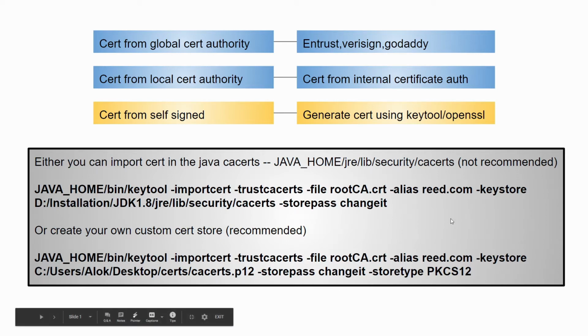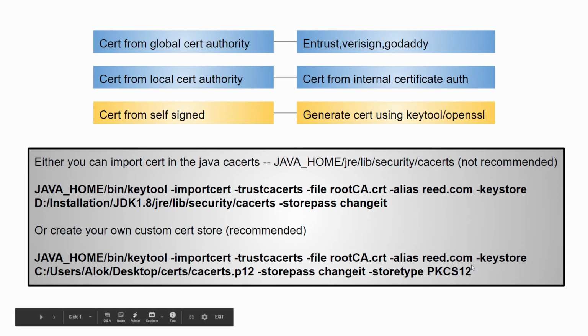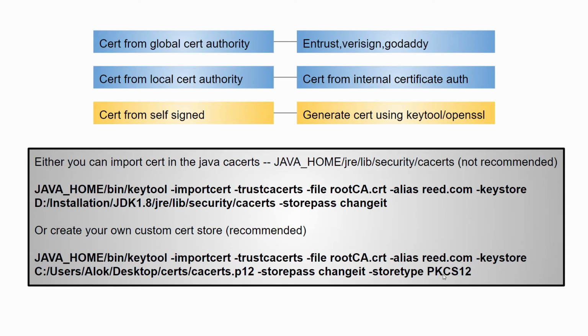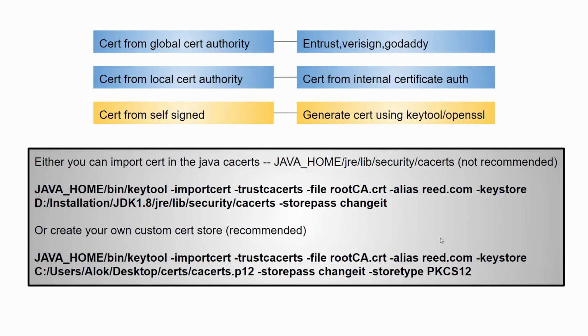You have different types of certificate store that you can make use of, like JKS, PKCS12 and others. We are making use of PKCS12. So here I have given a store type PKCS12, and by the end you will get this certificate store.